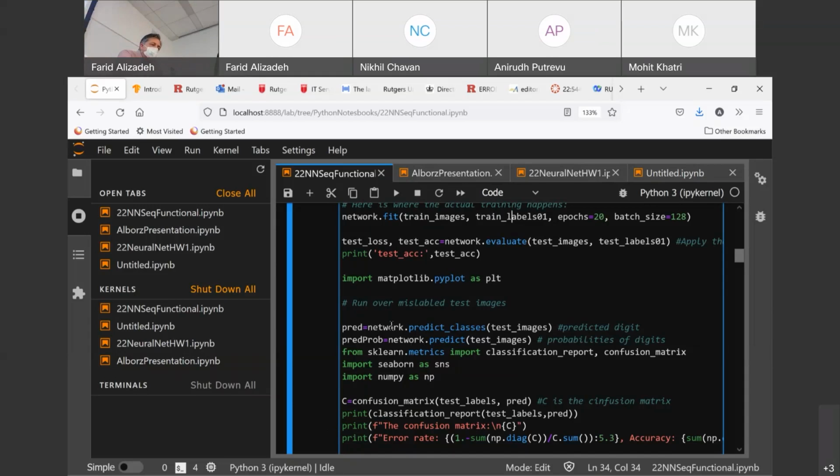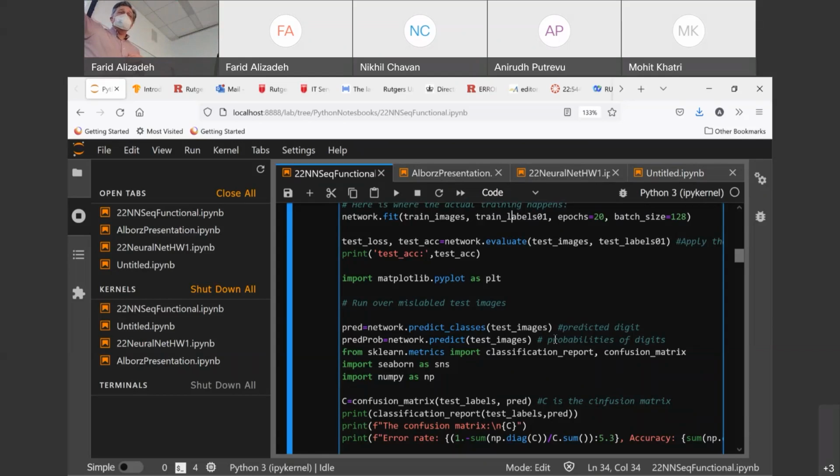So prediction. There are two predict methods for the network object. One is predict, which gives you the probabilities. When you give a picture, which is basically an array of 784, the pixels of some new image, and you feed it to this, out comes a vector of size 10, which gives you the probabilities.